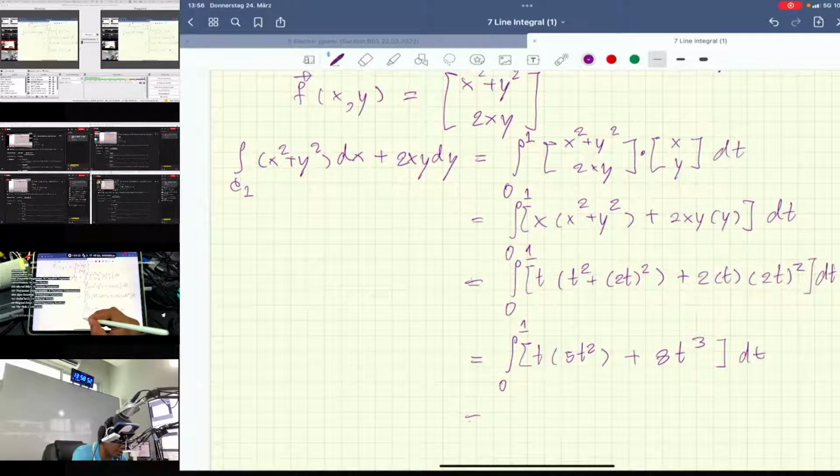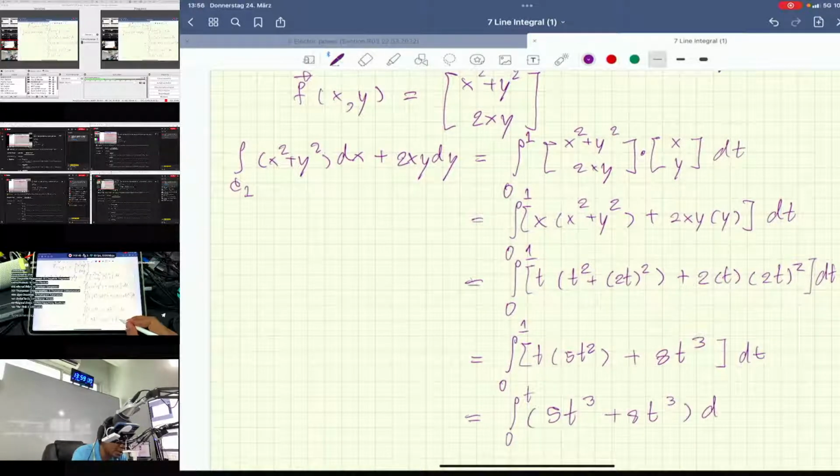And here you have 0 to 1, 5t to the power of 3 plus 8t to the power of 3 and dt.